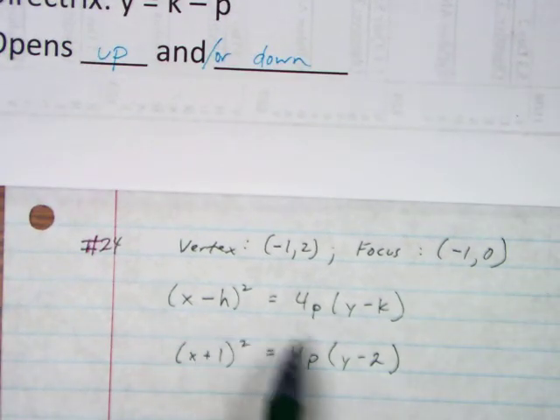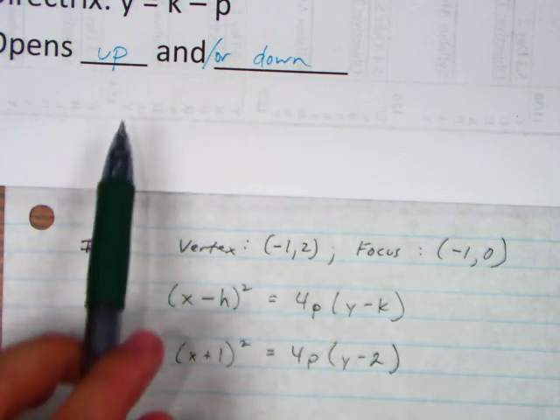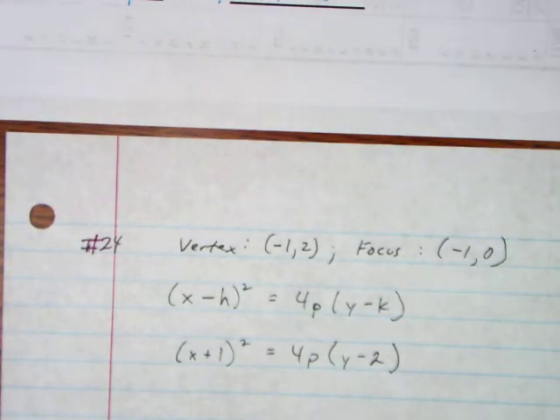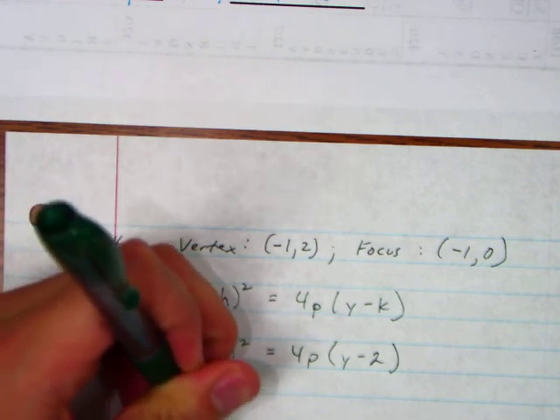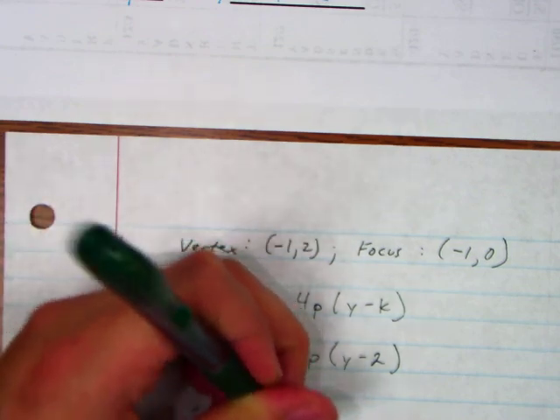Now, I want to find p. If we look at the focus, it's (h, k plus p). I know k is 2, so k plus p equals 0, since the focus is (-1, 0).